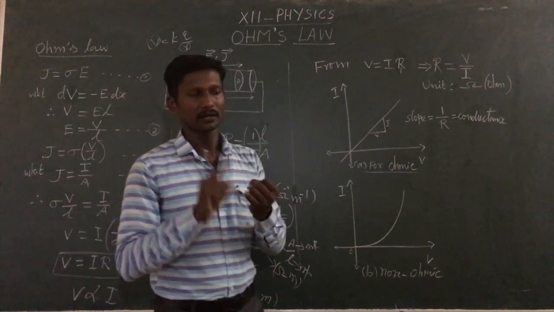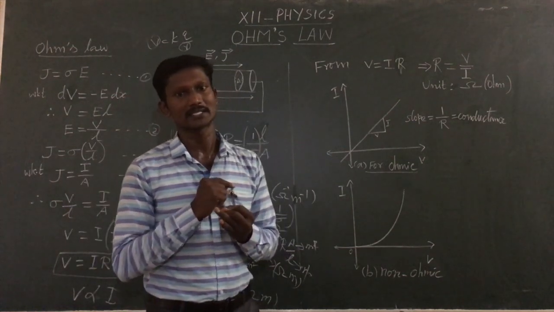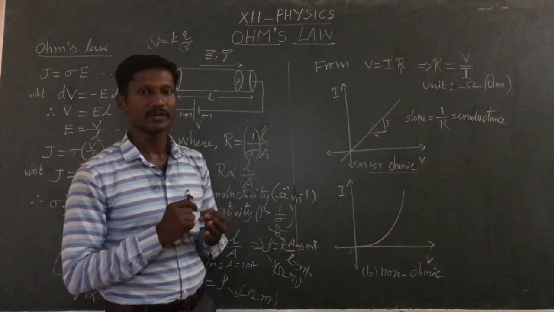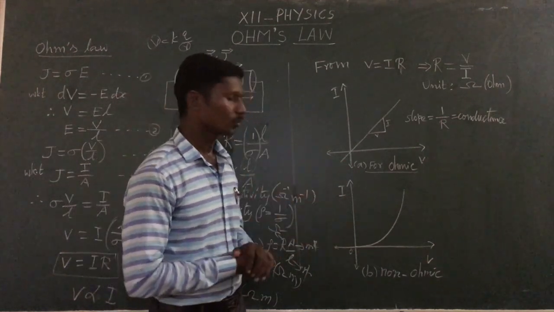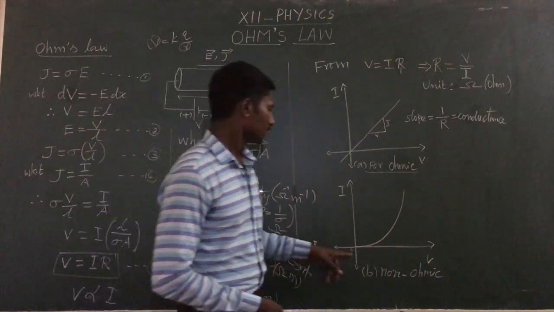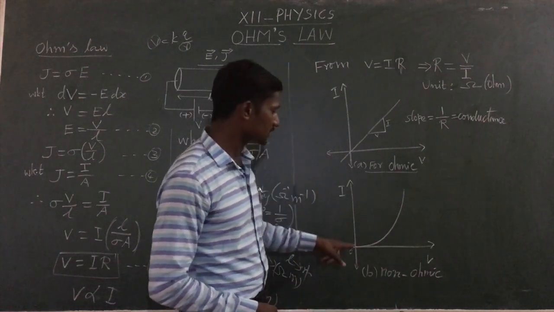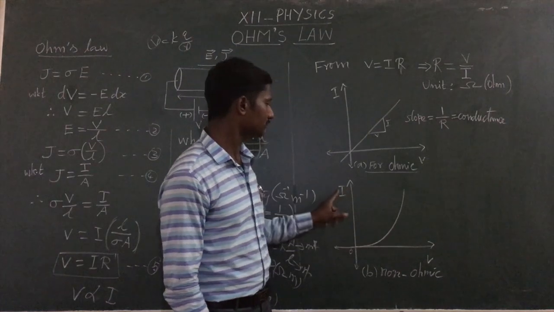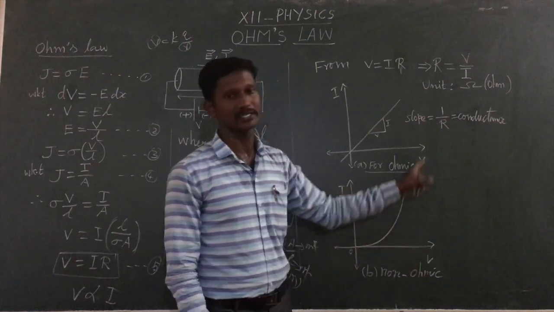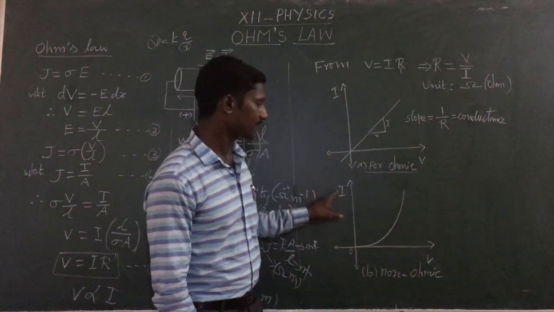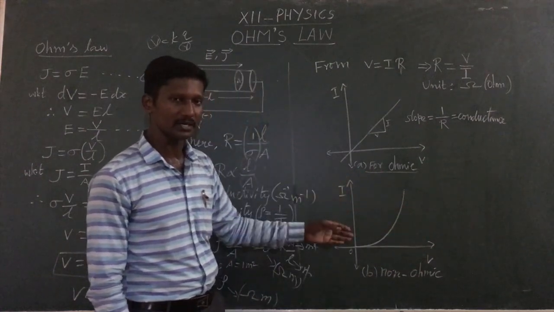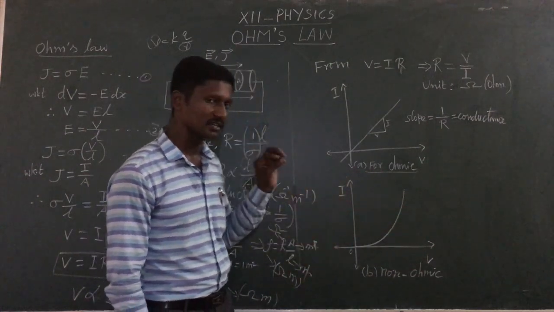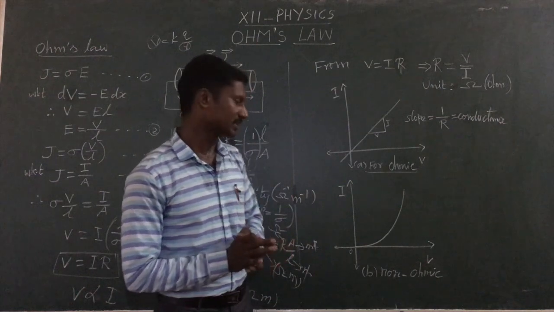Non-ohmic devices don't obey Ohm's law. Therefore, their graph between current and voltage is non-linear.